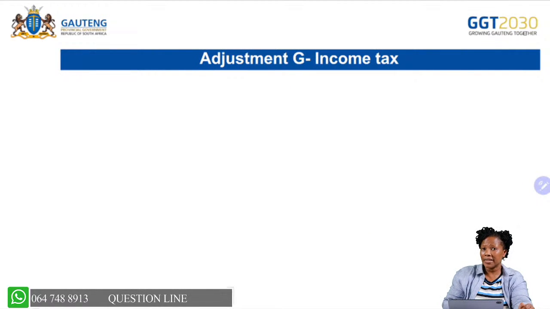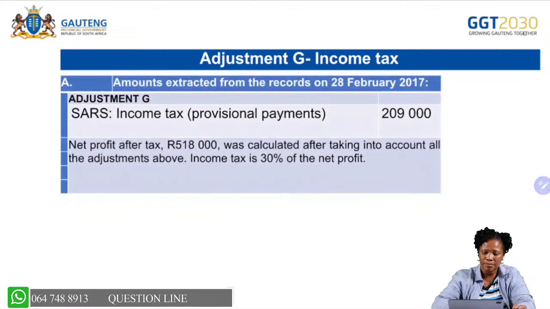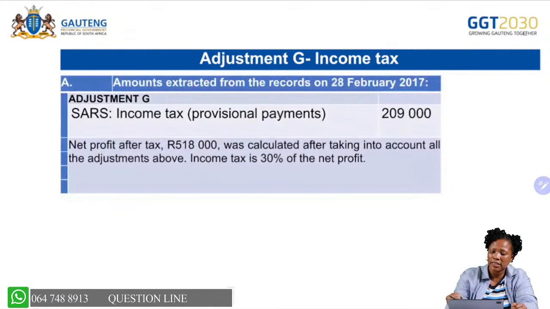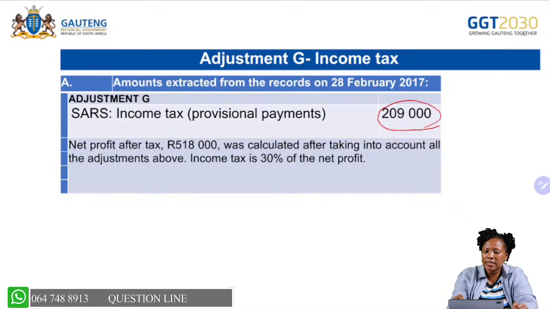I'm going to take you to the income tax. Let's look at the adjustment for the income tax. It says that for SARS, for income tax, we've got a provisional tax payment of 209,000. This is the amount that is appearing in your trial balance, 209,000 rands.